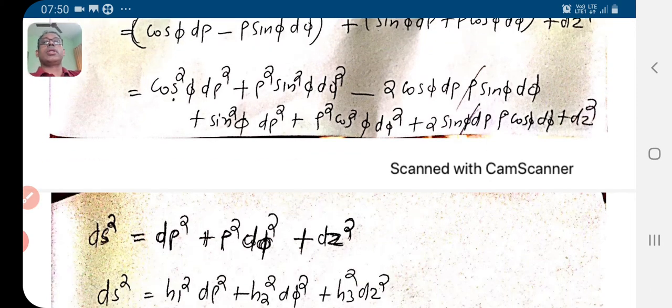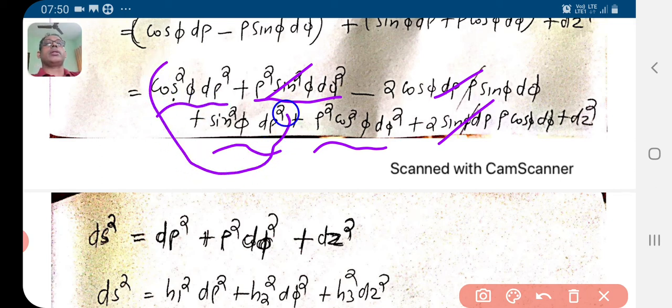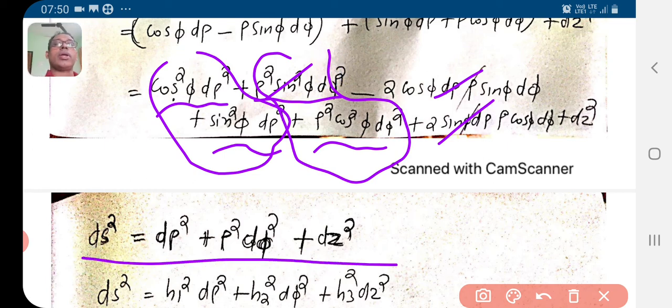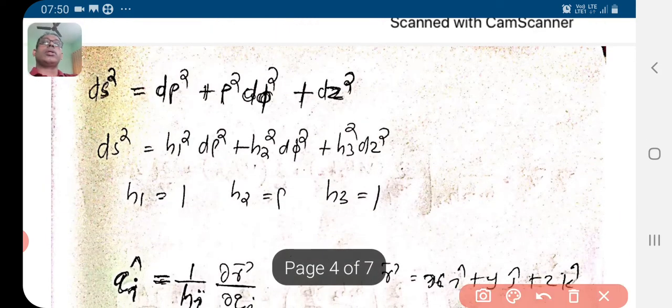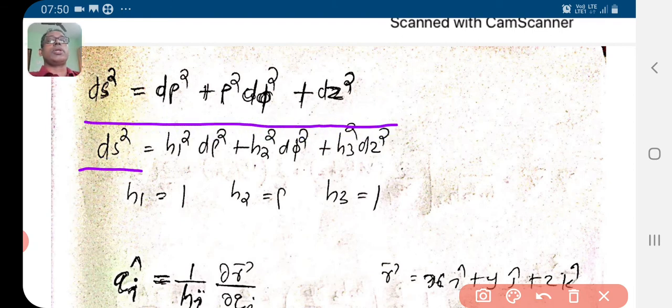Sorry, these two terms will cancel, and this will combine, this also will combine, this set will combine, and we have this relation: ds square equal to d rho square plus rho square d phi square plus dz square.